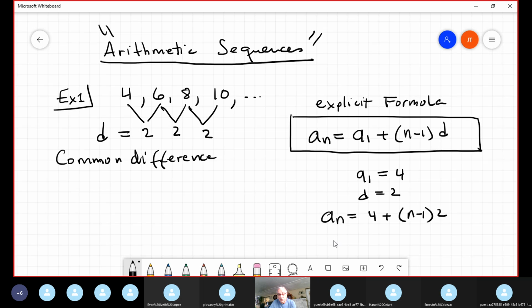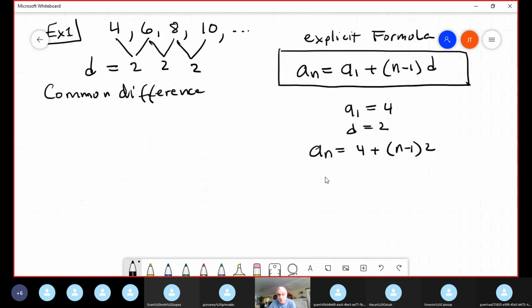And you leave it like that, no? Of course not. You apply a little bit of algebra. A sub N is equal to 4 plus, applying the distributive property, 2N minus 2. 4 minus 2 is 2, and the 2N comes down: 2N plus 2.